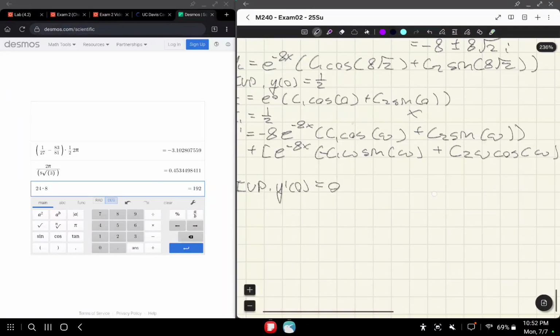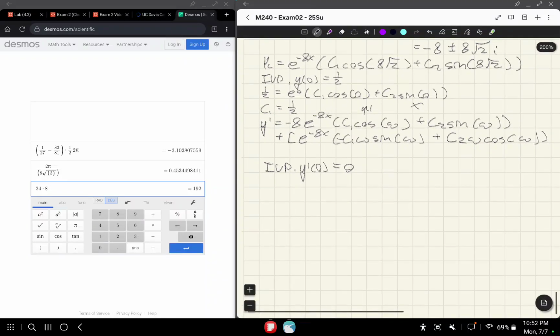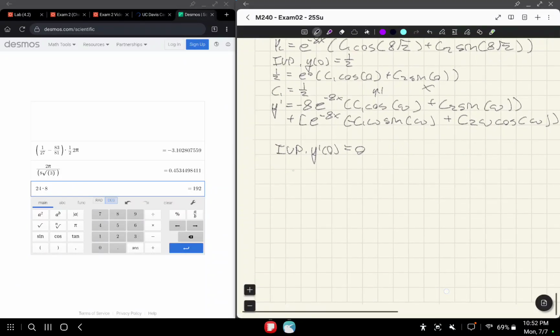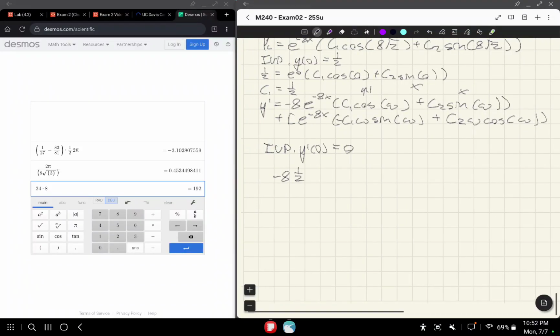Since C1 is 1/2, this sine disappears, and this sine disappears too. So we have negative 8 times 1/2 plus C2 times the angular frequency, which is 8 square root 2, equals 0.